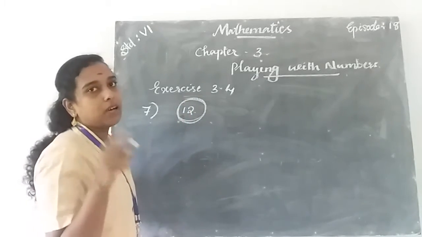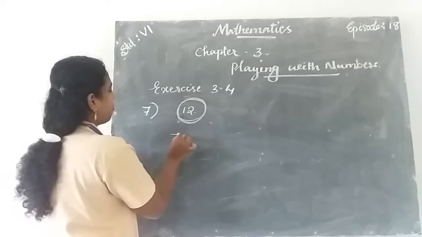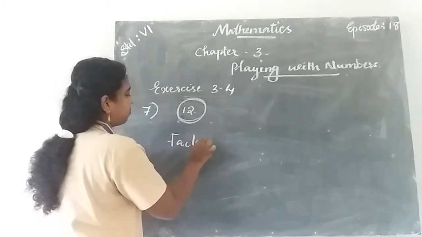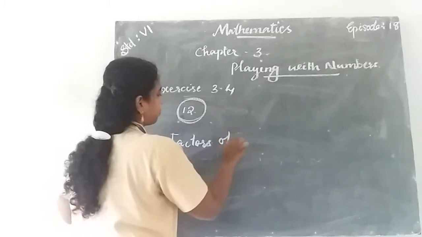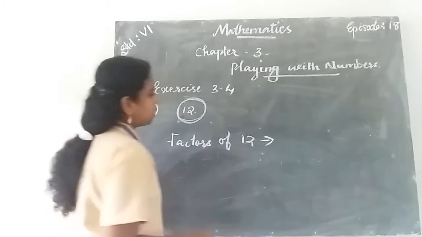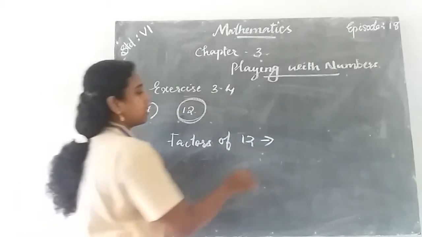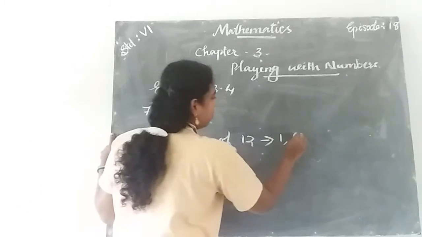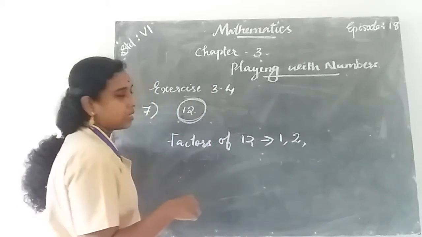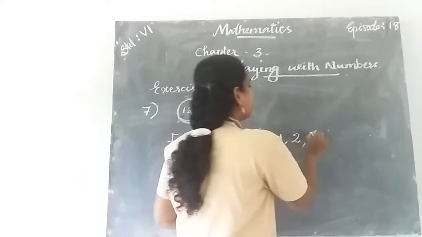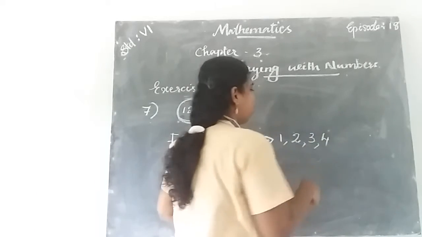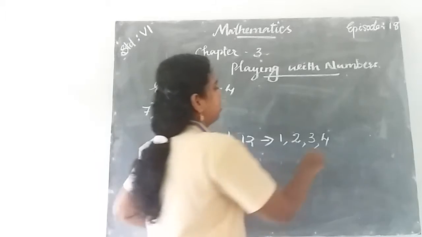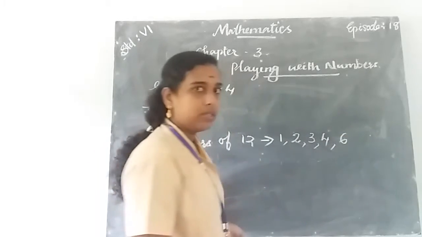So we want to find the factors of 12. The factors of 12 come under the table of 1, then it is an even number so the table of 2, then the table of 3, 4 threes are 12, then the table of 4, and the table of 6.